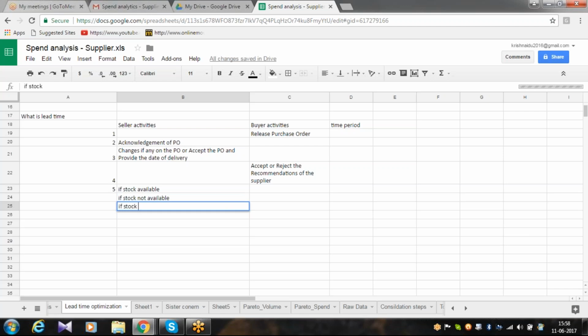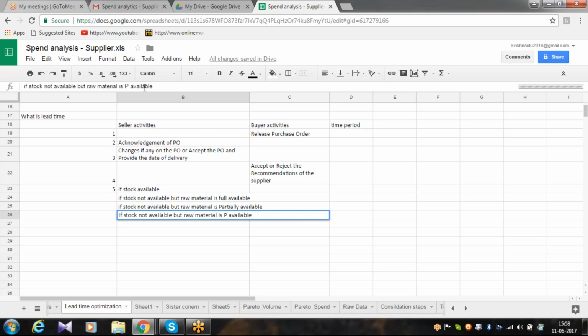If stock not available, but raw material is fully available. Stock not available, but raw material is partially available. And raw material is not available. There are three scenarios here.